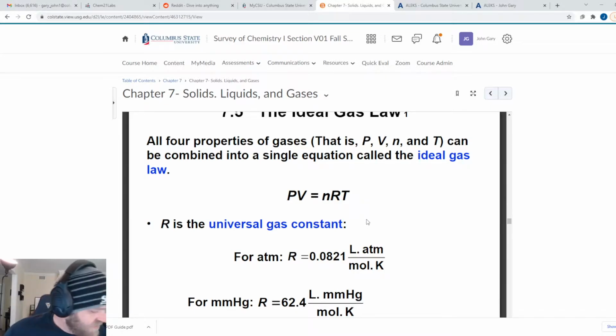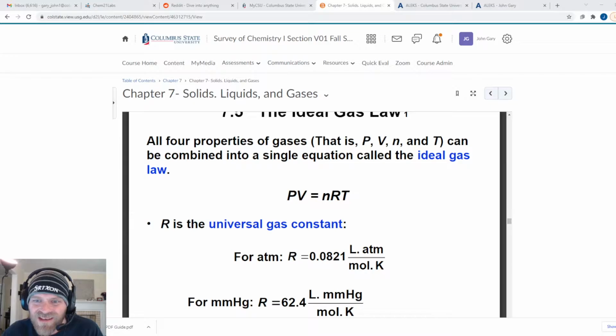PV equals nRT. Okay? P is for pressure, V is for volume. N, make sure y'all can still see me, N is for moles, the number of moles that we have. R is a constant, okay? And R has several units behind it.